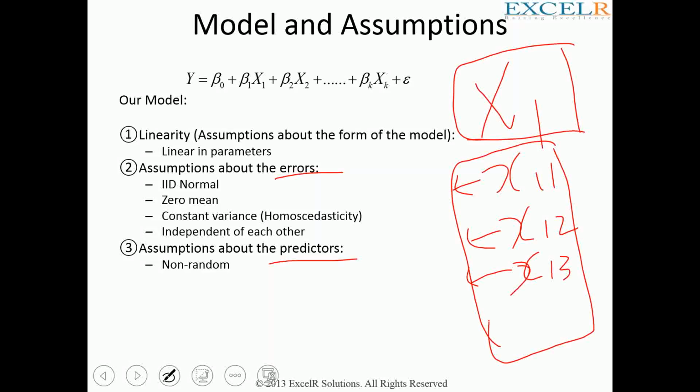It is clear that under a non-experimental or observational situation, this assumption will not be satisfied. If you randomly pick up the heights, the assumption that the values should be non-random is obviously violated.